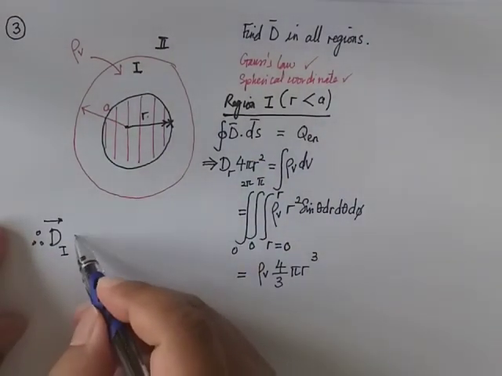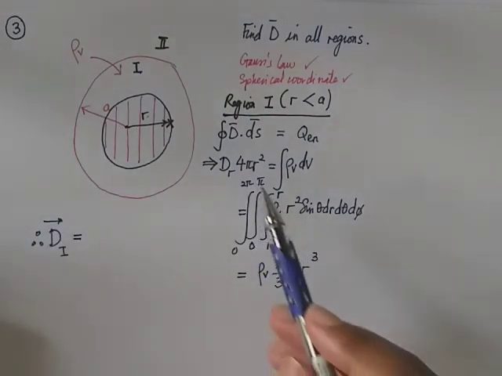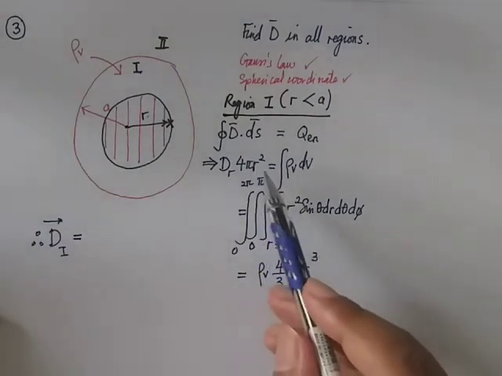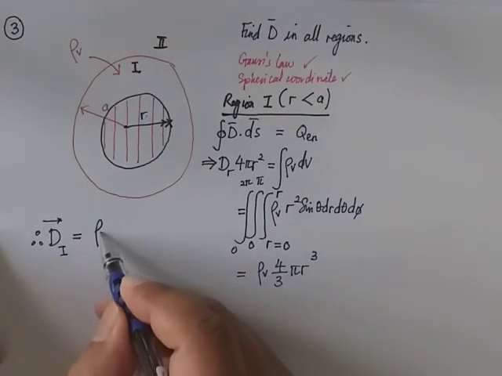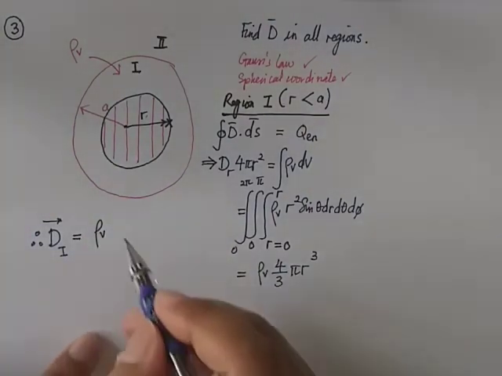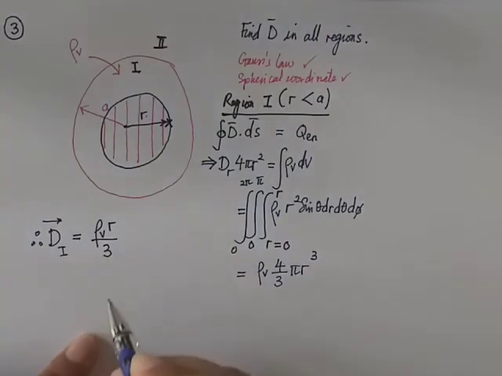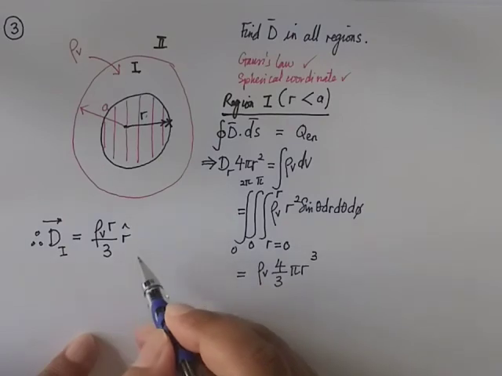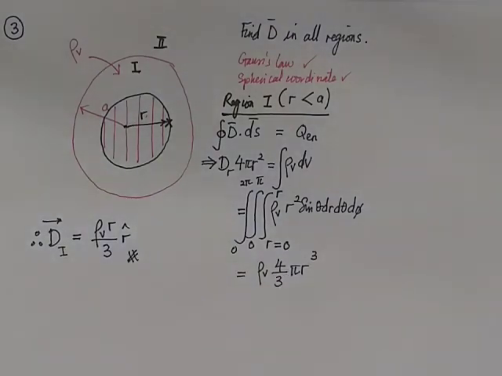It should be equal to, I can cancel the 4, I cancel the pi, I can cancel the r. So it should be rho_v r over 3, in which direction? r direction. That should be our solution. Okay? See how easy it is?